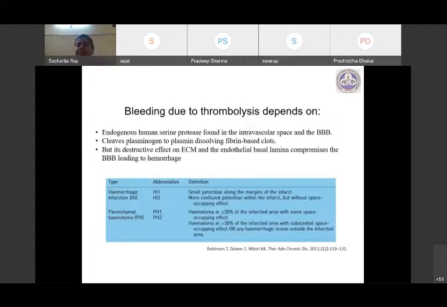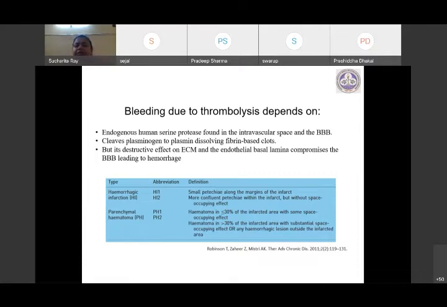Now, just like we discussed, the bleeding due to thrombolysis depends upon all these conditions: the time at which you administer the thrombolysis being the most common, and the area of involvement of the stroke. If it's a large stroke, you will have more chances of bleeding. If it's a very small stroke, thrombolysis is more or less safe. Second, if you have a lot of small white matter changes, you will have higher chances of bleeding. But if you have a relatively good parenchyma, you are safe in doing it.